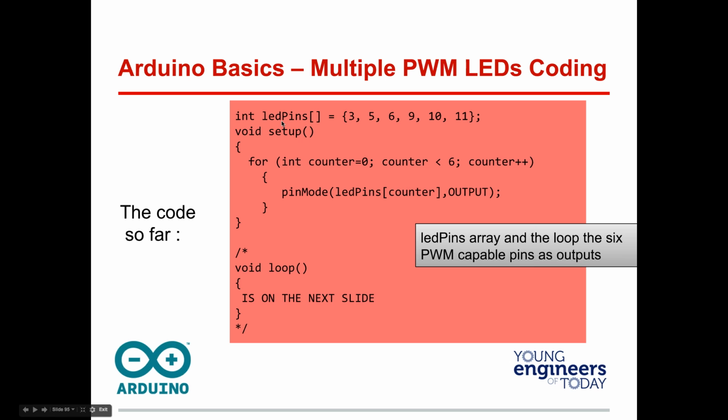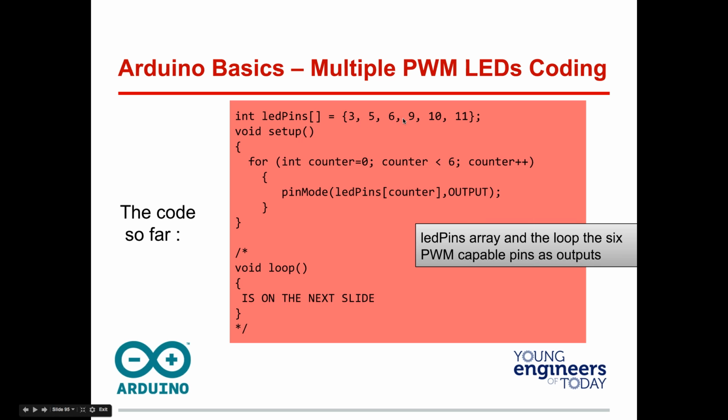Okay, so here's what you're going to try to do. You're going to take that LED pin with the brackets, 3, 5, 6, 9, 10, 11. Start at 0, counter less than 6. What's weird is you're going to use this counter to fill these brackets up. Then you're going to say pin mode LED pins counter output. So this 0 index refers to 3, 1 refers to 5, 6.